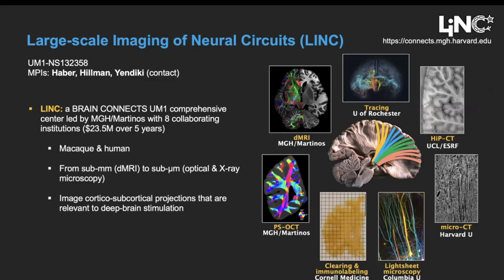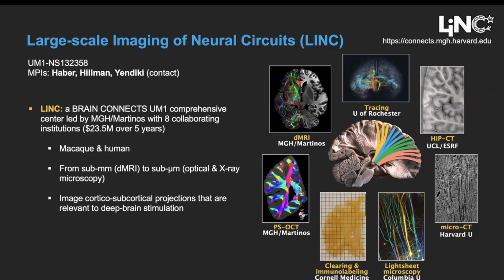As I said, we're focusing on the macaque and human brain, and we're going all the way from collecting sub-millimeter resolution diffusion MRI to sub-micron resolution data with both optical and X-ray microscopy. I'll show you some of these novel microscopy techniques that different teams on the project are going to be using.